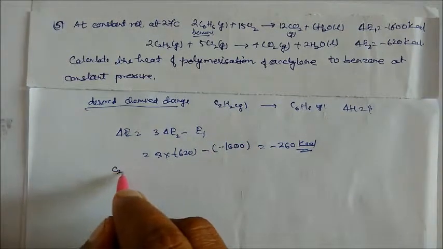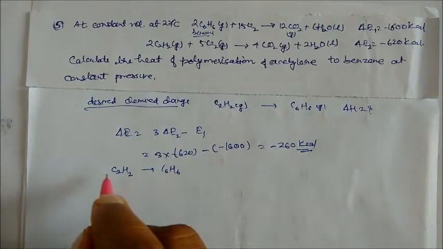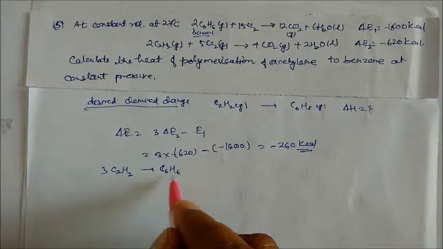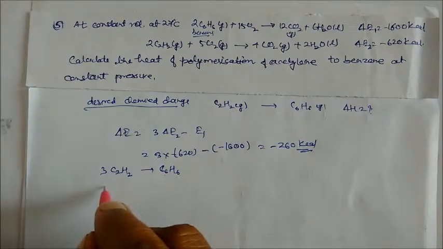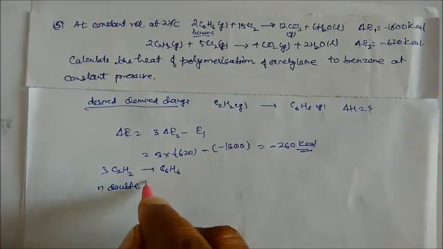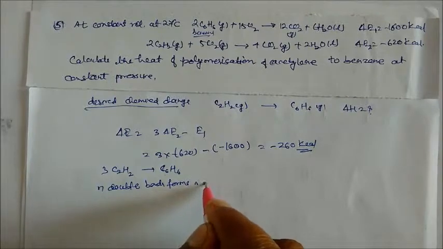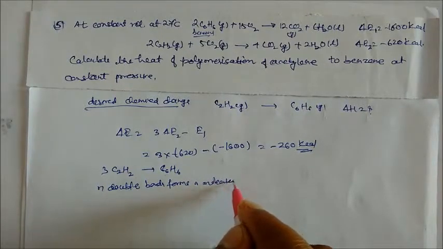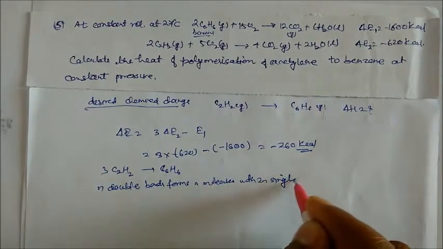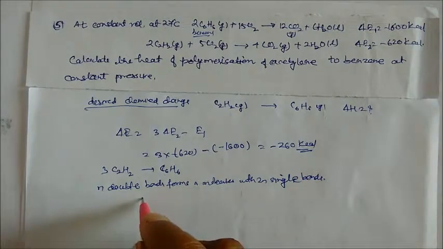Now we have the equation: C2H2 giving you C6H6. If you take 3 molecules, it will convert into C6H6. For polymerization, again we can write the same thing: n double bonds form a molecule with 2n single bonds. So ΔE is how much?